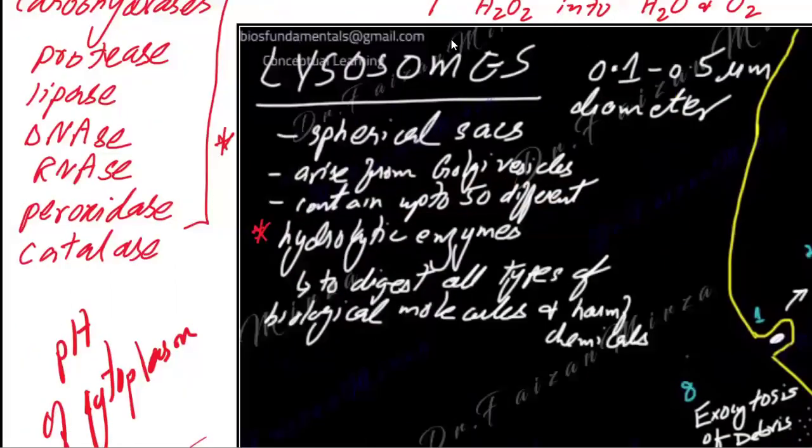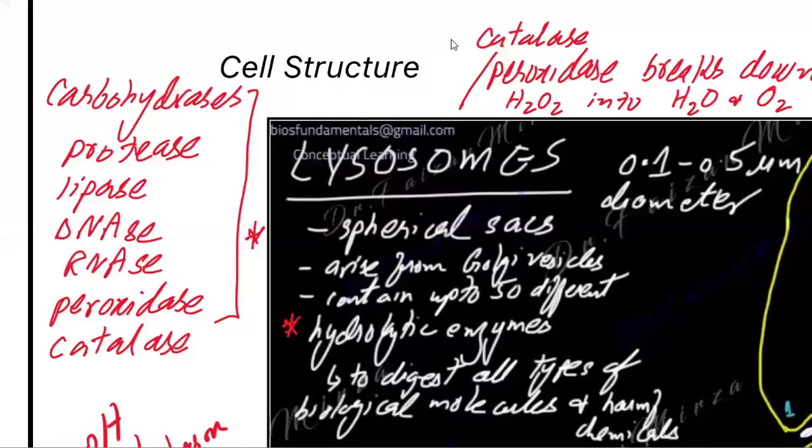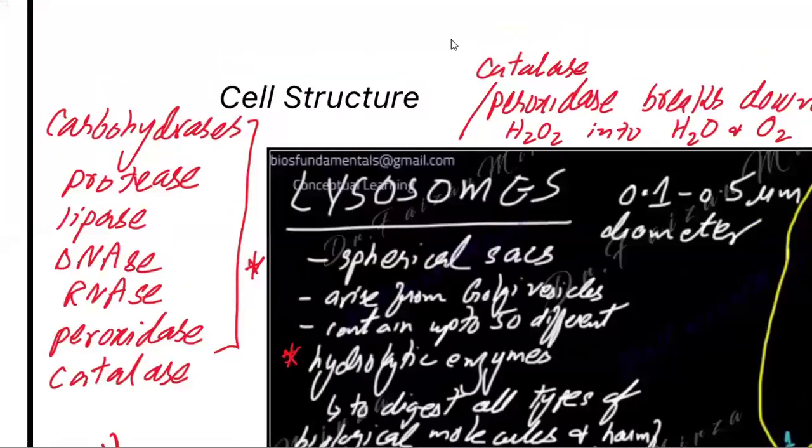Which enzymes are commonly found, and should be kept in mind regarding the lysosome? Carbohydrases, protease, lipase, DNase, RNase, peroxidase, catalase, all these enzymes are present inside the lysosomes. You can just figure out and recall which substrate they act on.